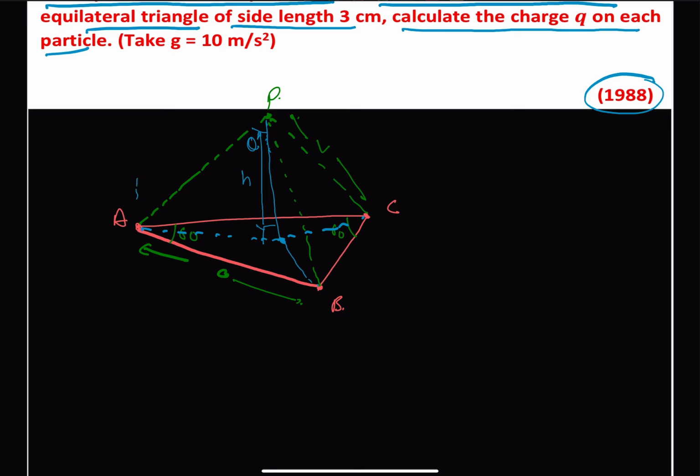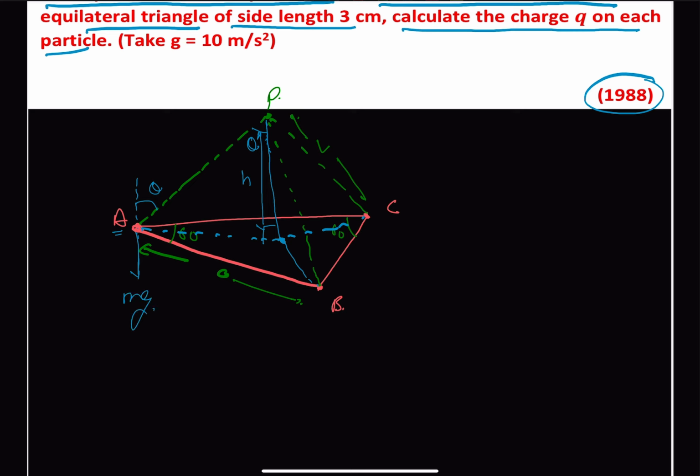So this angle will also be theta, and everything is in equilibrium. So we can consider any one of the charges and solve all the forces for that particular charge. For the sake of discussion, let us assume we are discussing charge A, and there will be a force acting in downward direction, that will be mg.